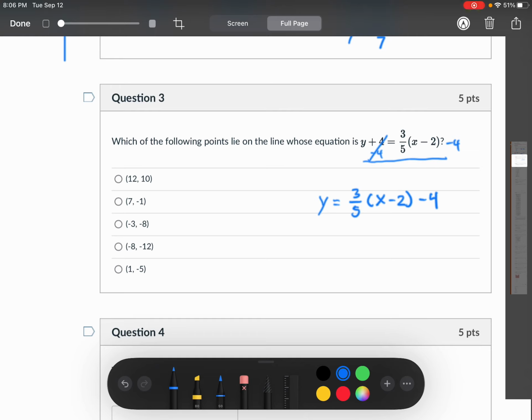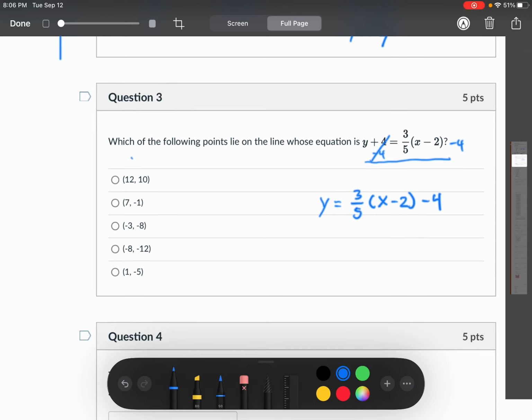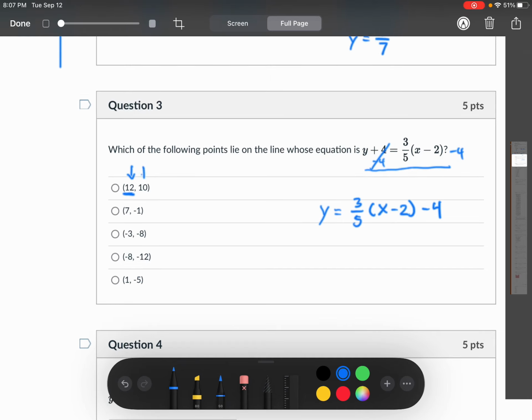Now, of course, I can distribute that 3/5 and I can do all that and then add fractions. But since we don't have a calculator, we want to leave this in a way that we can do the math relatively quickly. All right, so the fastest way to do this is to basically plug in an x value. And by the time you plug in the x value, your result should be the y value that's right beside it. So for example, if I pick 12 to be the answer, I end up with, let's see, 3/5 (12 minus 2) minus 4.